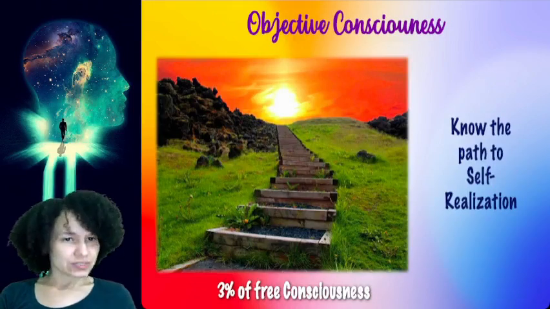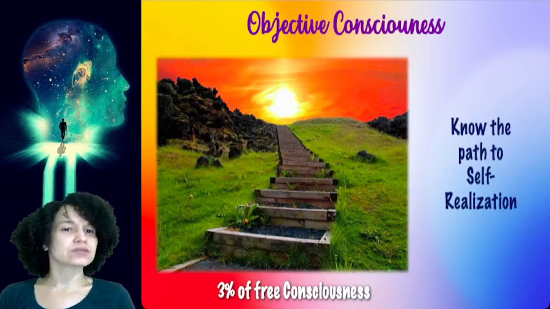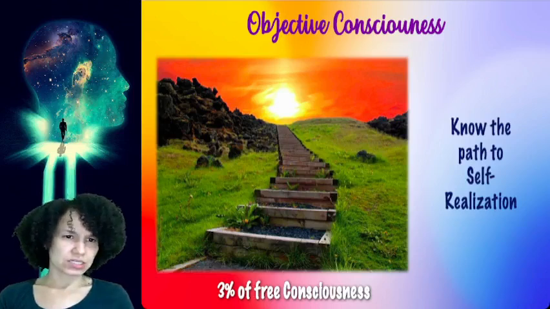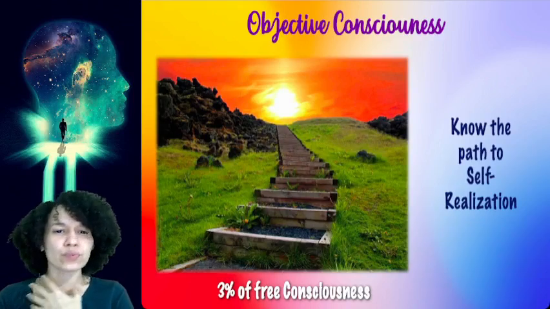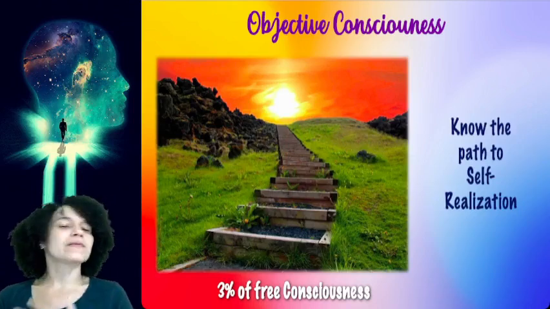Now, as we saw, the other part of our consciousness is the 3% of consciousness that we all have, and it is the objective one. The 3% came to raise consciousness. It is not at all interested in whether we have a house or a car or money or material goods.